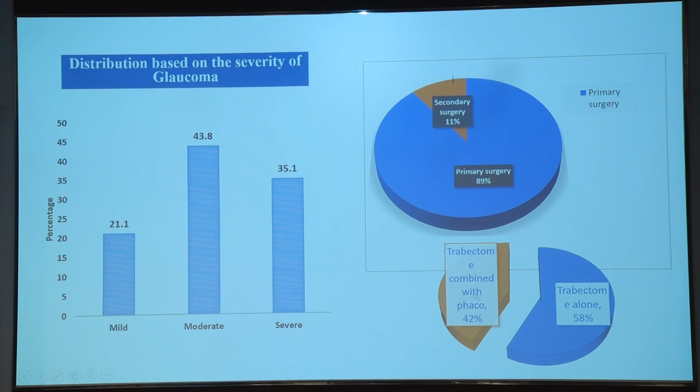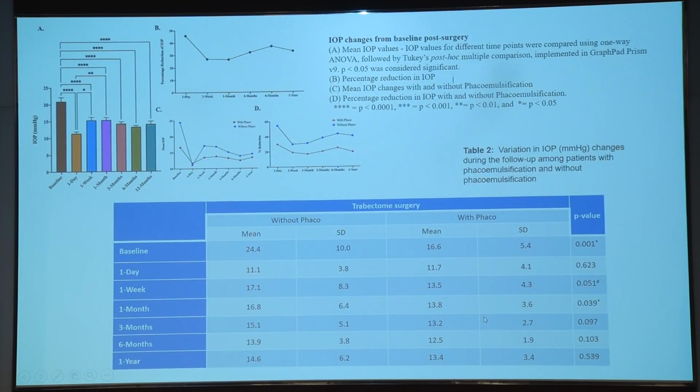The trabectome was done alone in 8%, and combined with phaco in 42% patients. And there was significant reduction in the intraocular pressure, which was very statistically significant, from 24.4 to 14.6 at the end of 1 year without phaco, and from 16.6 to 13.4 with phaco.